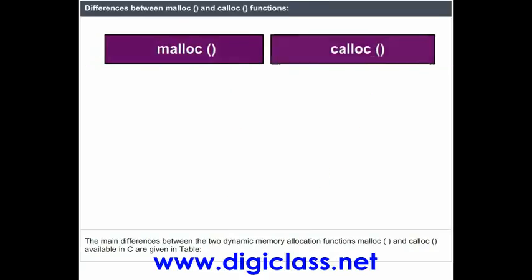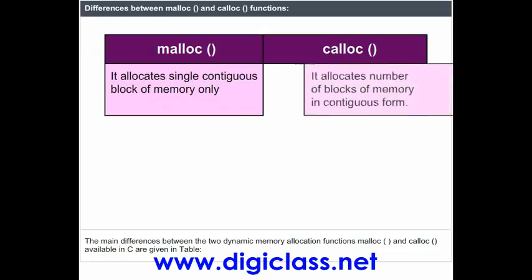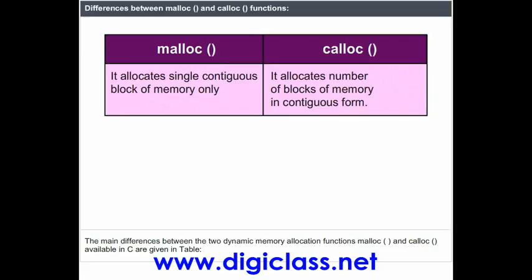Differences between malloc() and calloc() functions. The main differences between the two dynamic memory allocation functions, malloc() and calloc(), available in C, are given in a table. Malloc: it allocates a single contiguous block of memory only. Calloc: it allocates a number of blocks of memory in contiguous form.